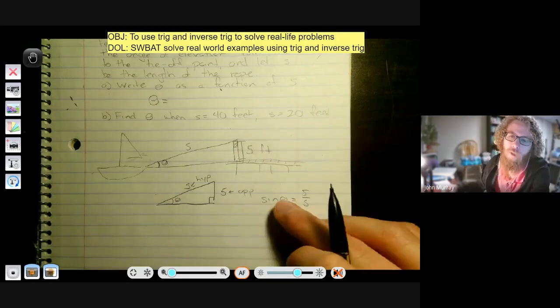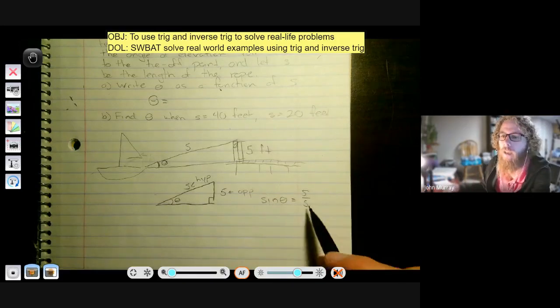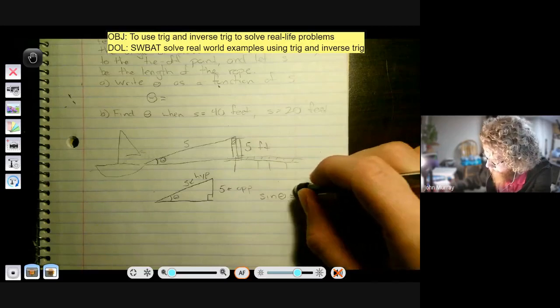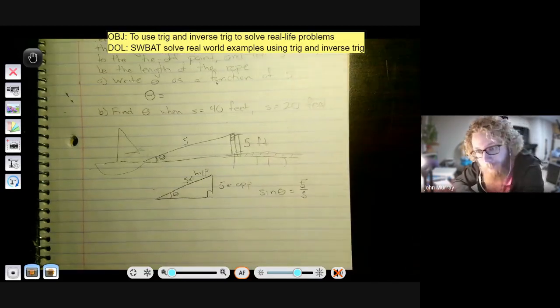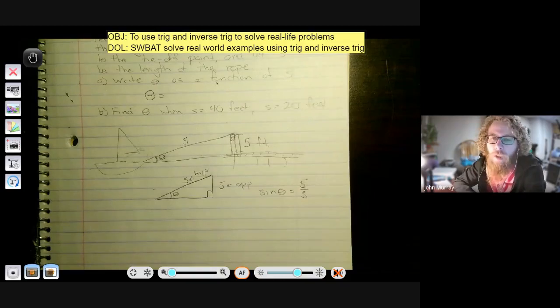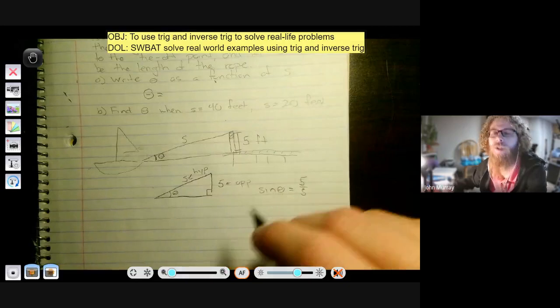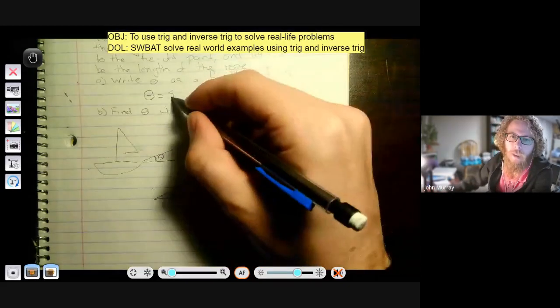Now, this isn't a function of anything because we have a function on this side and a function on that side. I've got to find a way to make my 5s not look like S's. Got to practice. They want theta by itself, so that's where we use our inverse trig. I want to move this sine over to the other side.